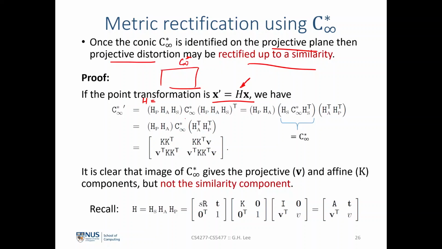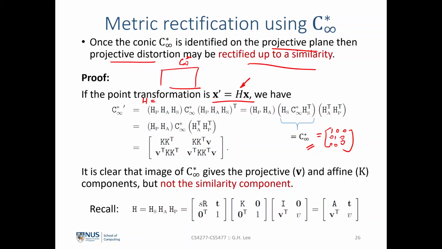So substituting these terms into the expression, we can group this HS together and call this C infinity star, since we have proven earlier that C infinity star stays the same after it undergoes a similarity transformation. Hence, we group this together and call it C infinity star, since there is no change to this dual conic.